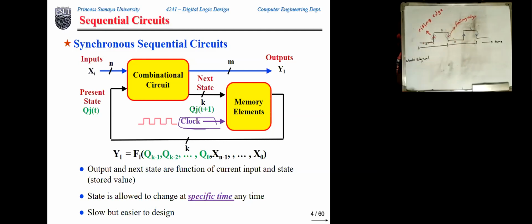So usually the storage elements that we use in synchronous sequential circuits are controlled by a signal like this, such that the stored value is allowed to change at the rising edge or at the falling edge. Or sometimes we call this the positive edge or the negative edge.